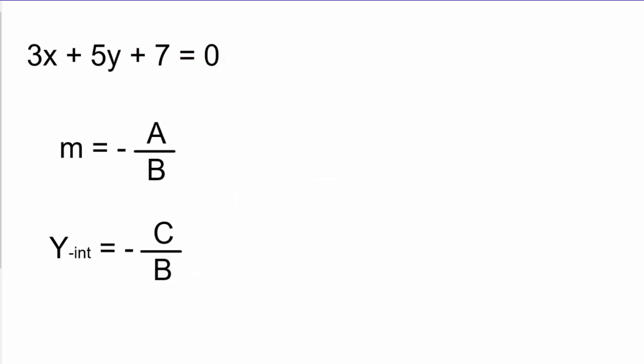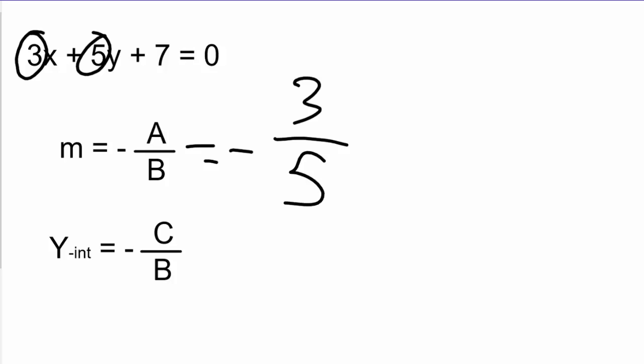So what's the slope here? Minus A is the one in front of x, 3. B is the one in front of y, 5. Minus 3 over 5 is the slope. Y-intercept? Negative 7 over 5.